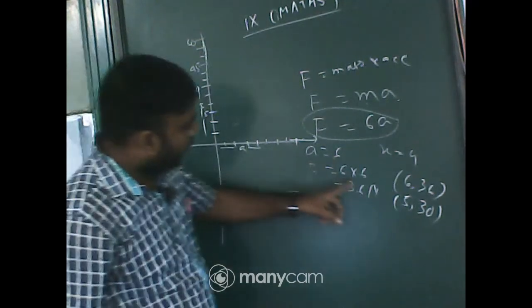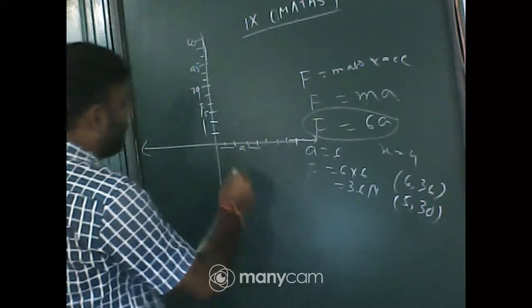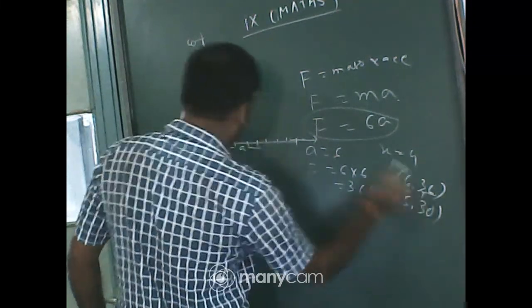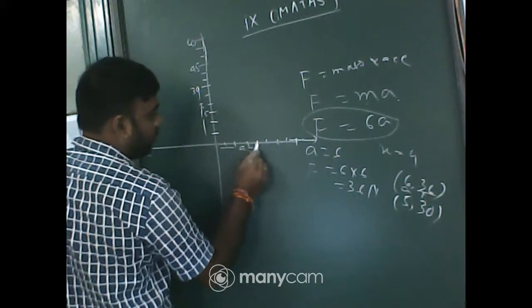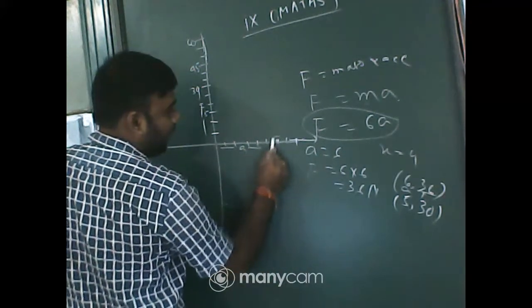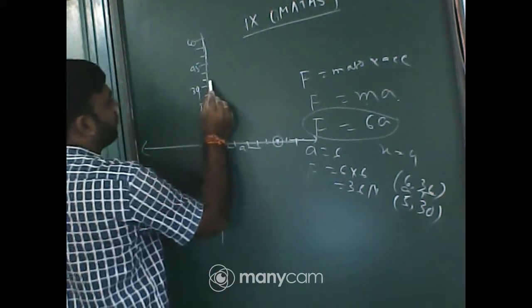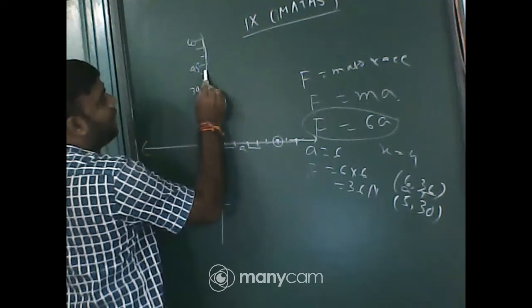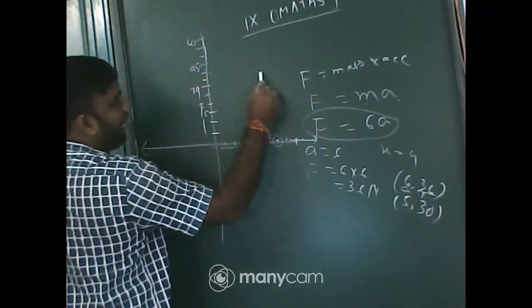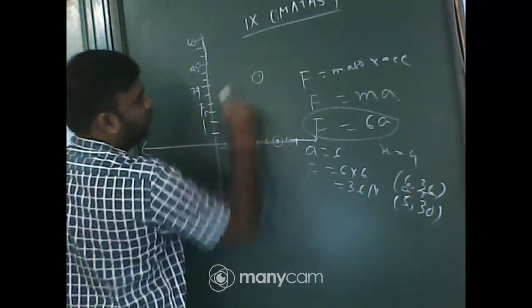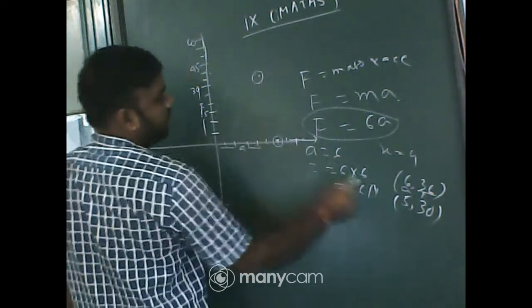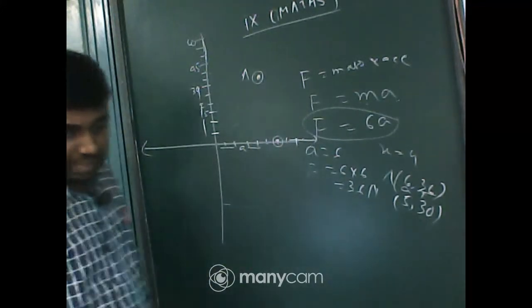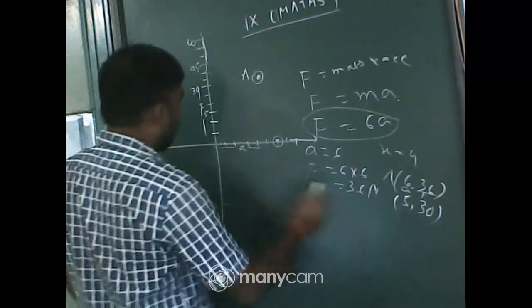Now students, first point 6, 36. 6 is the value of A and 36 is the value of F. So 6 along A, and 36 is between 35 and 40. That point is 6 comma 36, point A.